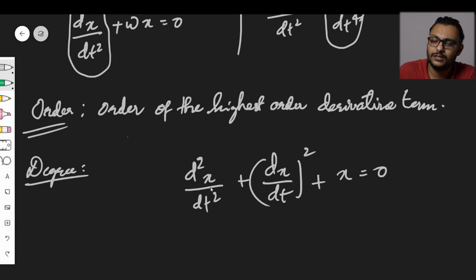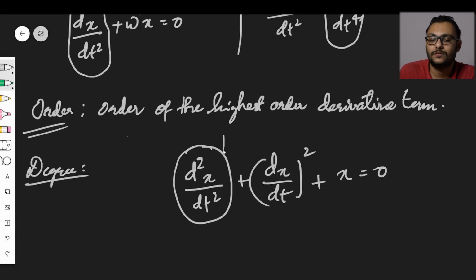D square x by dt square is the second order derivative of x with respect to time, whereas dx by dt the whole square is the square of the first order derivative. So the degree of this differential equation is 1, just because the highest order derivative term has the power 1.